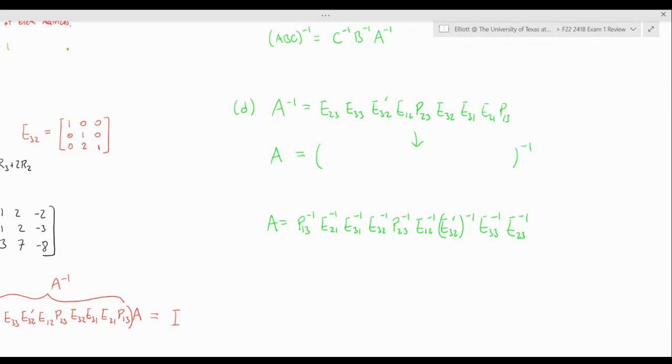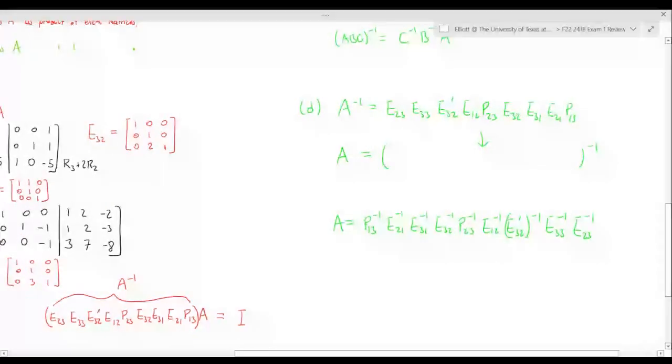And then the inverse of each of these elementary matrices is another elementary matrix. We kind of talked about that earlier. And we talked about how to get the inverse of elementary matrices as well.